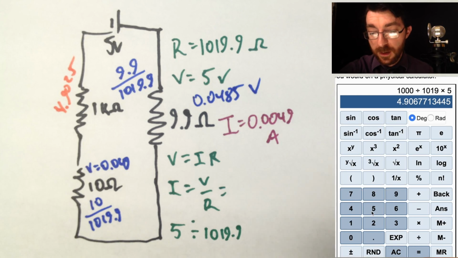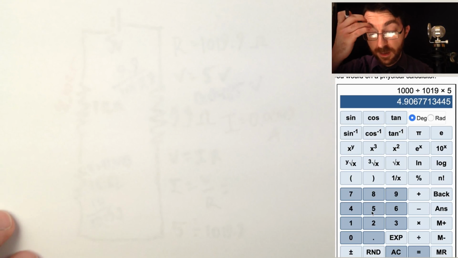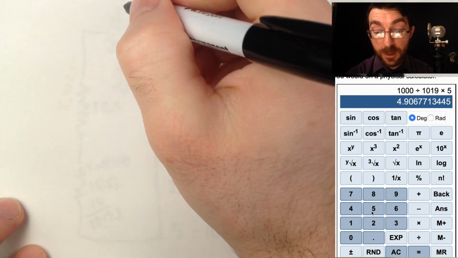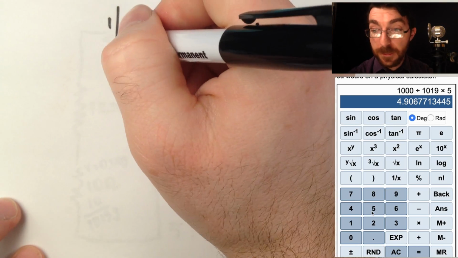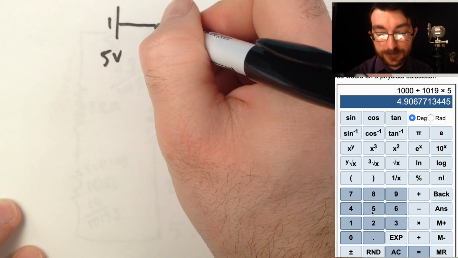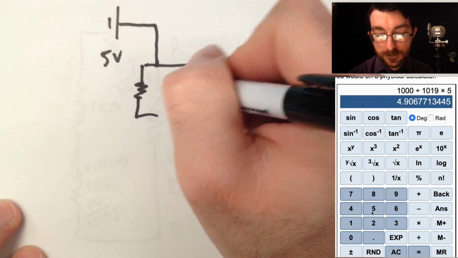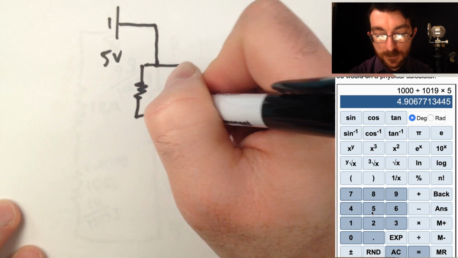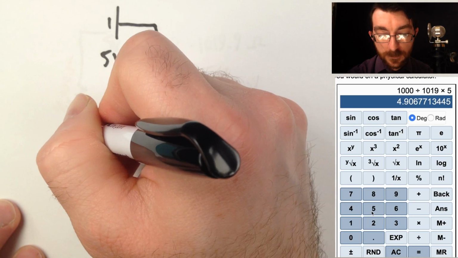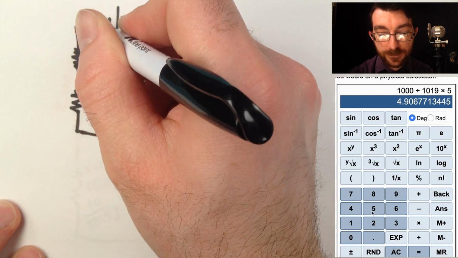Okay, so we can draw this circuit one more time and make this all clear. I'm going to draw it slightly compressed so I have some room. Up here at the top, I have my 5 volt battery. There are my resistors.